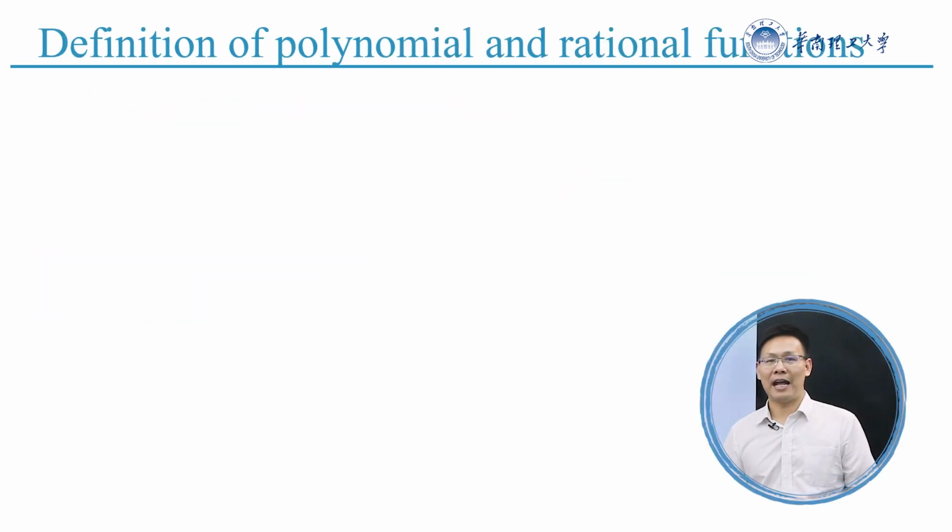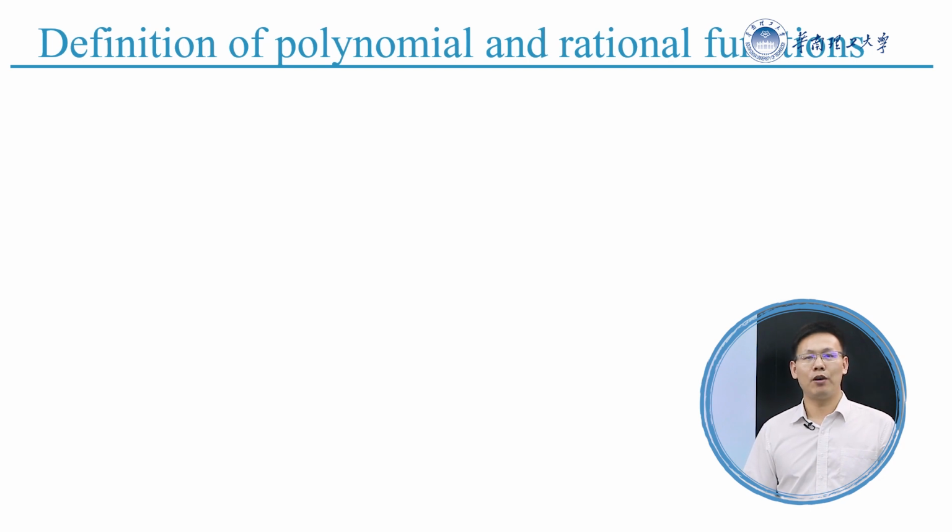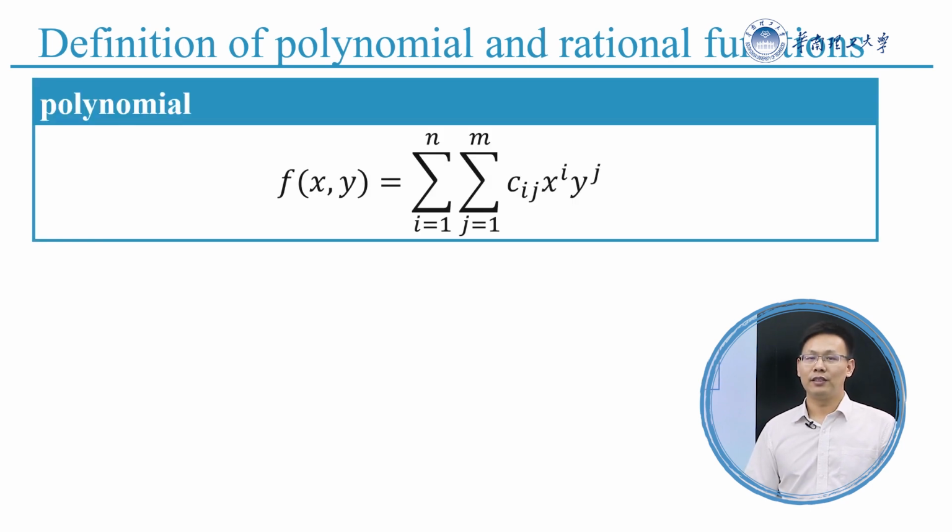We might expect that limits for many functions can be obtained by substitution. This was true for many functions of one variable. This method is also valid for polynomial and rational functions in the variables x and y.